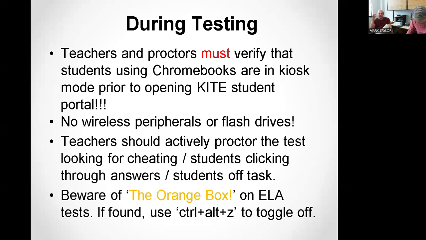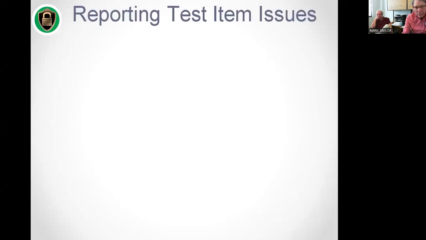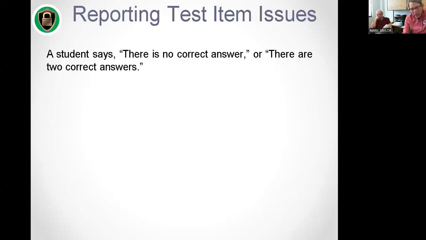And my understanding is that CETE may have some way of telling whether that's up or not, and if it is, they could conceivably throw out all your scores for that grade level at that building. I'm trying to get clarification on that, but if you see it, just press Control-Alt-Z to toggle it off.